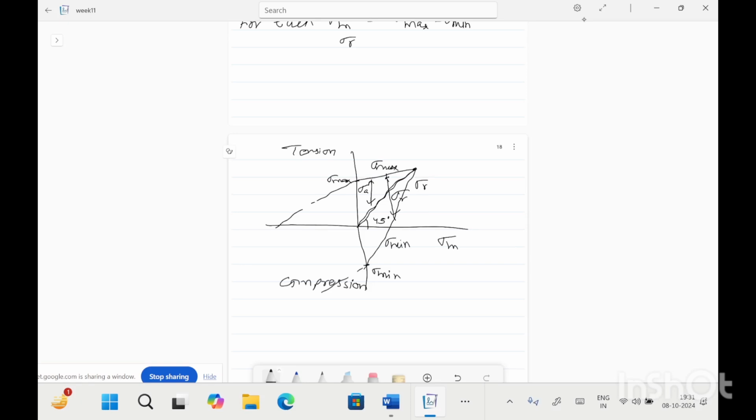And this point represents the sigma u, meaning ultimate tensile strength. So as mean stress increases, the range of stress decreases, and at UTS the sigma r will be 0.